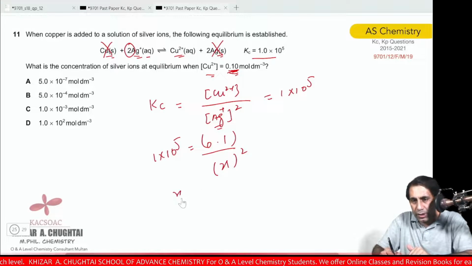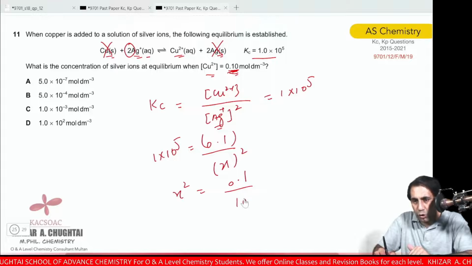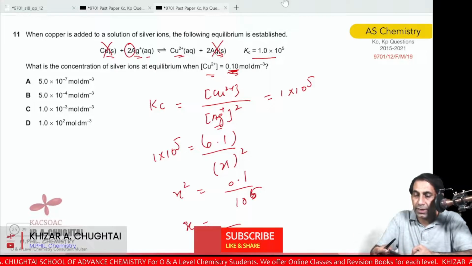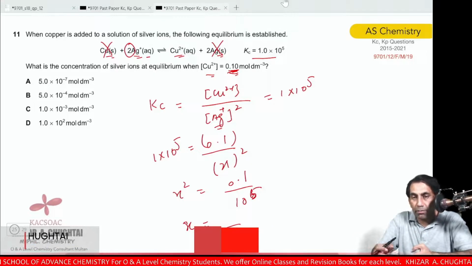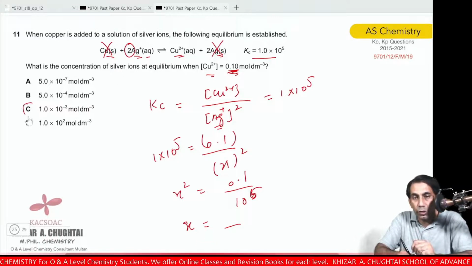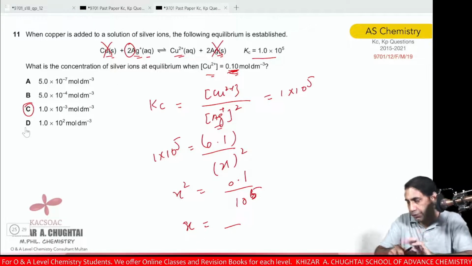So X square will be equal to 0.1 over 10 raised to power 5, and what will be equal to X? The final answer is 1 into 10 raised to power minus 3. So C is the correct option.